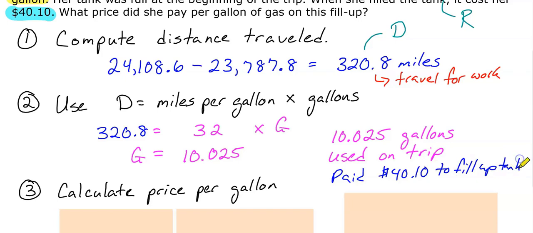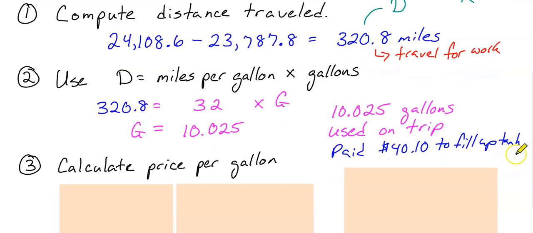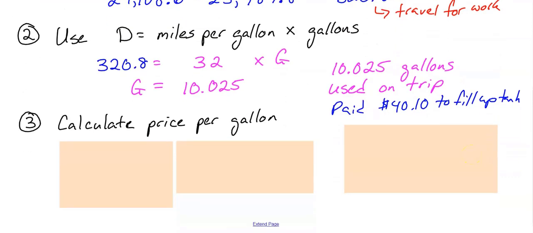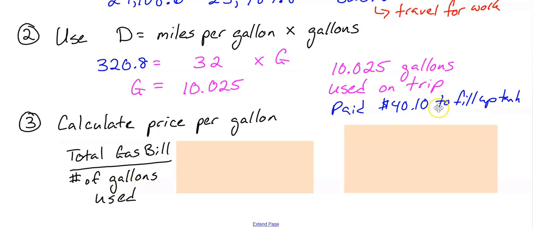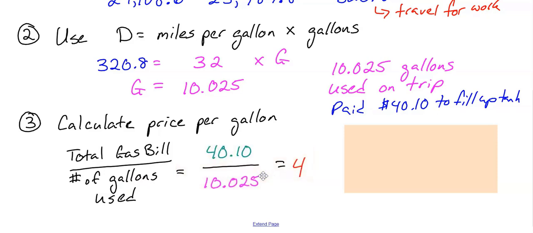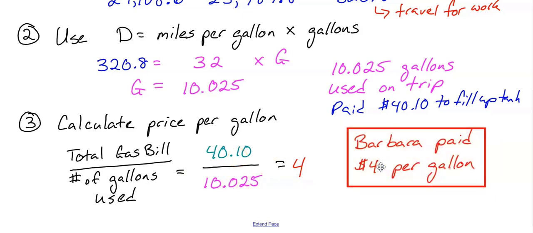Because when we do cost, it's price per gallon, and there's multiple gallons, you wouldn't multiply, you would actually divide. You would take the total gas bill and divide it by the number of gallons she used to figure out the cost per gallon. So 40.10 divided by 10.025 equals 4. So Barbara paid $4 per gallon.